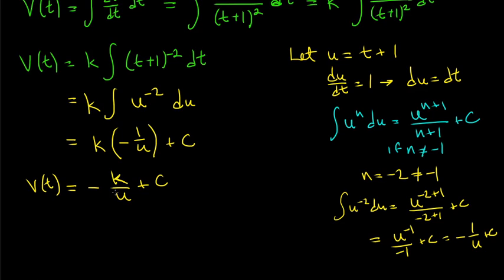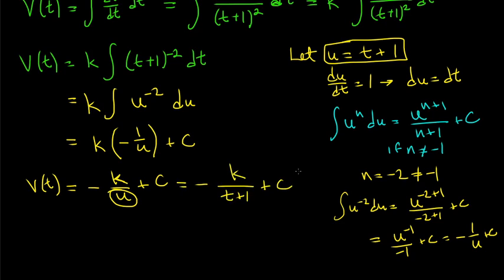Except, wait a minute, where's t? There's a k, there's a u, there's a c, but there's no t here. So how is this a function of t? It's not. We have to replace u with what it was originally designated to be, t plus 1. So this is negative k over t plus 1 plus c.